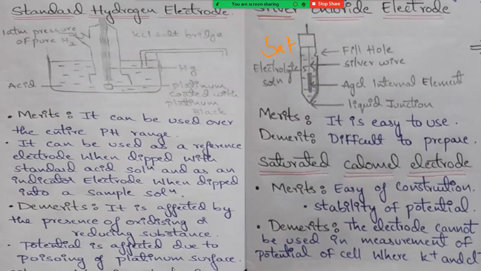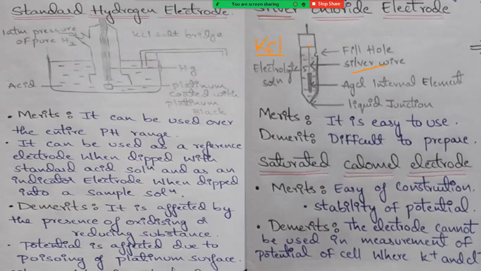But how is that possible? Here we are taking a saturated KCl solution, so that the concentration remains constant in the tube. We are placing the silver wire inside the tube, in the KCl solution. So that's why we finally produce standard potential values.